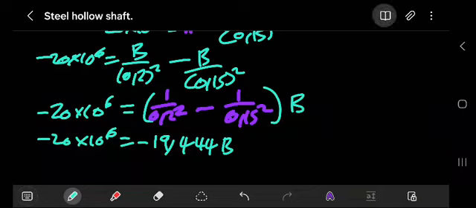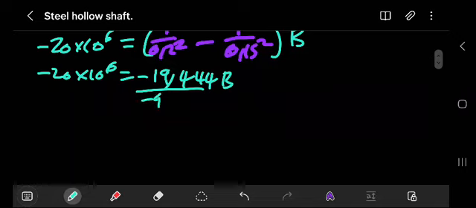This will be B. Then we divide by this negative 19.